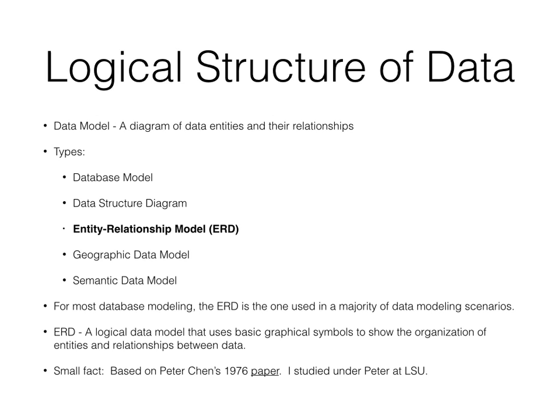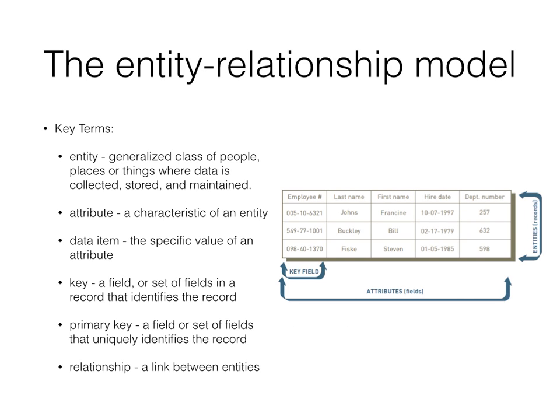So moving on to the entity relationship model and defining some of the terms that comprise it, there's a couple here. There's the notion of entities, there's attributes, data items, keys, primary keys, and relationships. And these are conceptual things, and what I'll do here as I'm talking is discuss how they're normally represented.